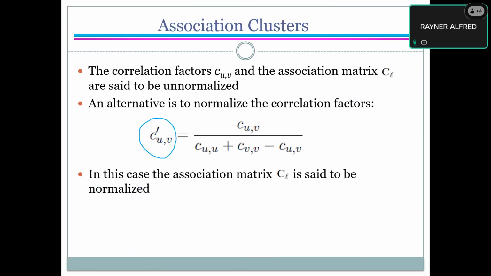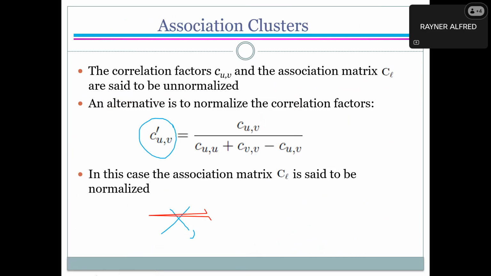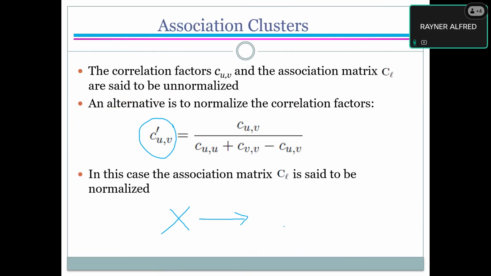So by using this correlation, they expand the query from X to X and Y. How do we get the Y?